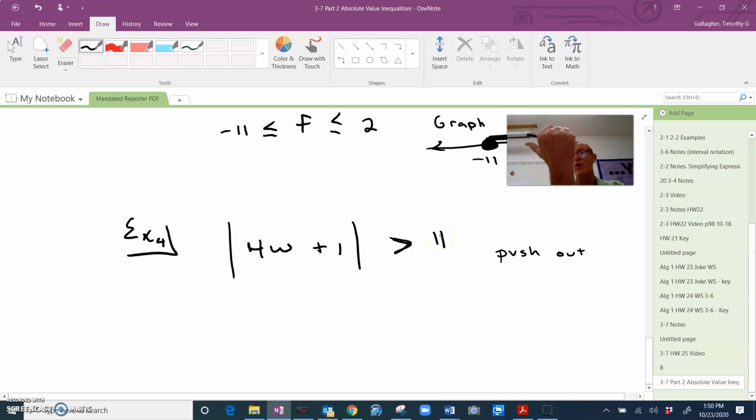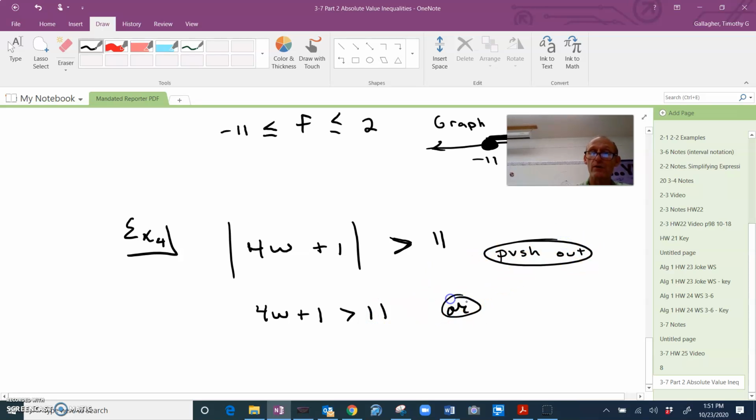So it's going to push out. All right, so let's do it. We're going to split it. So we do 4w plus 1 is greater than 11, or remember, or is the push out. The graphs go out, or 4w plus 1 is less than negative 11.